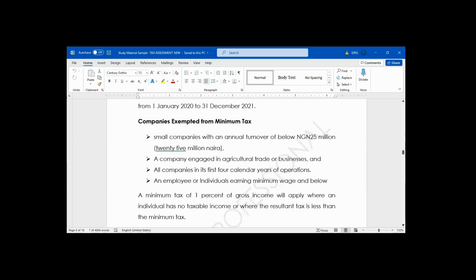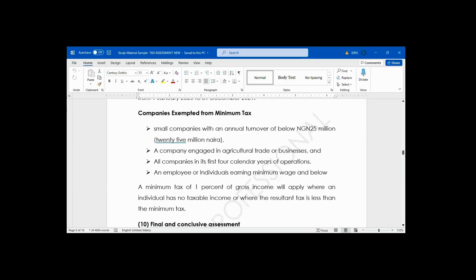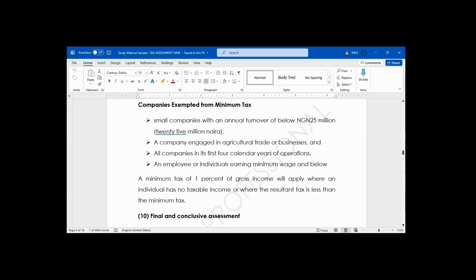For an individual or employee, under personal income tax, the minimum tax is 1% of your gross income. But an individual earning minimum wage or below will not pay minimum tax. That means if your salary is 70,000 or below, you will not pay personal income tax. You will not pay minimum tax. That is what that law is saying.